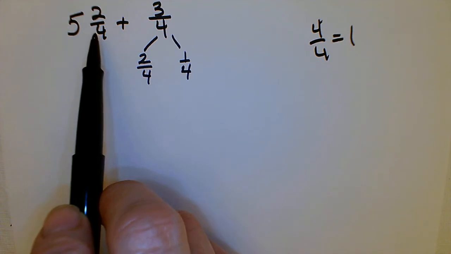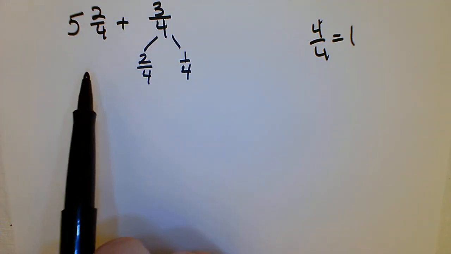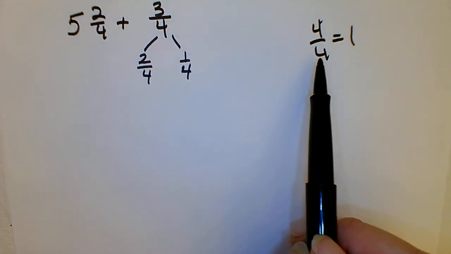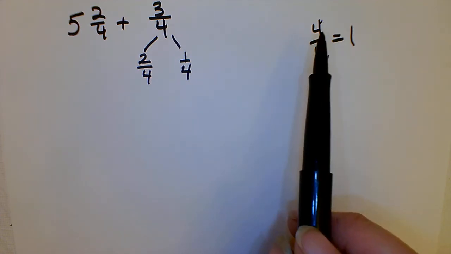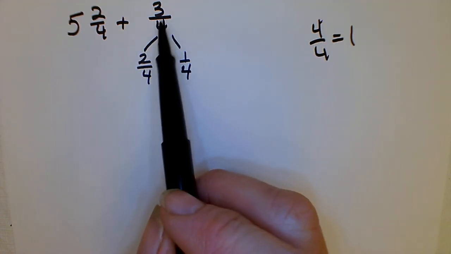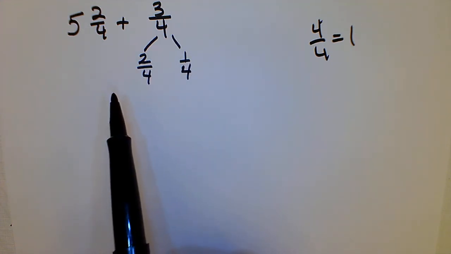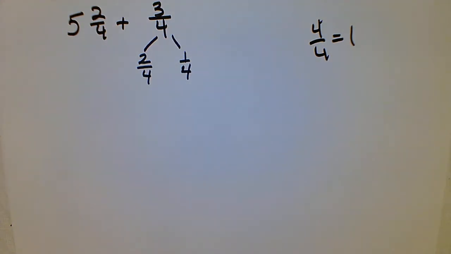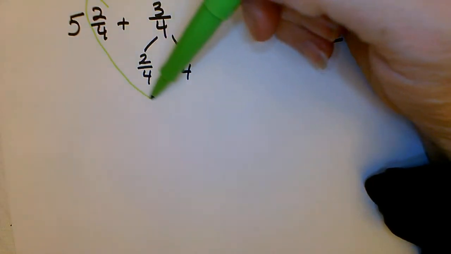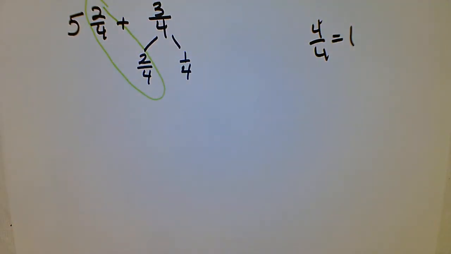So we have 5 and 2 fourths plus 3 fourths. And what I want to do is I want to make a whole. I want to make 4 fourths. So what I did was I went ahead and I split the 3 fourths into 2 fourths and 1/4, because now what I can do is I can go ahead and combine 2 fourths and 2 fourths to make one whole.